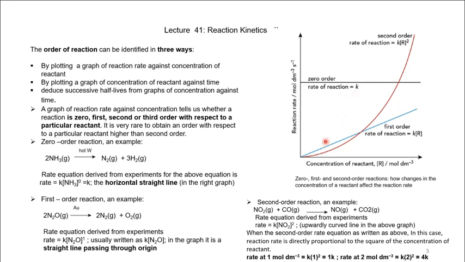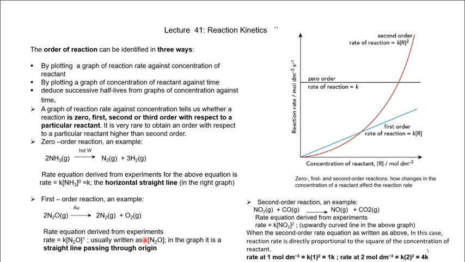If we take a first order reaction, for example this one, we are decomposing nitrogen oxide to nitrogen gas and oxygen gas, and the rate of reaction is like this. Usually it is written like this, and this is a first order reaction.